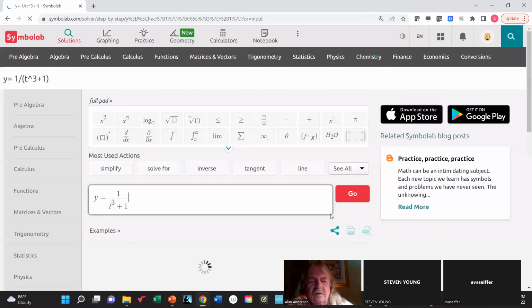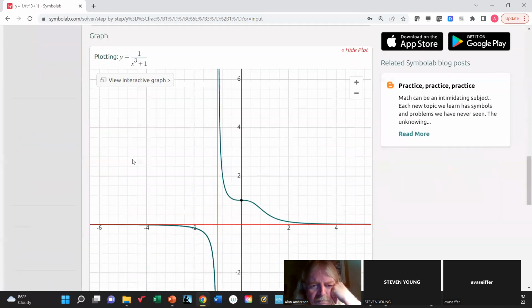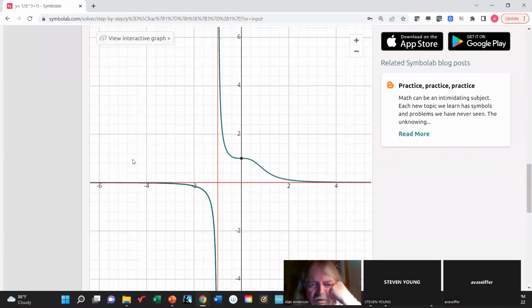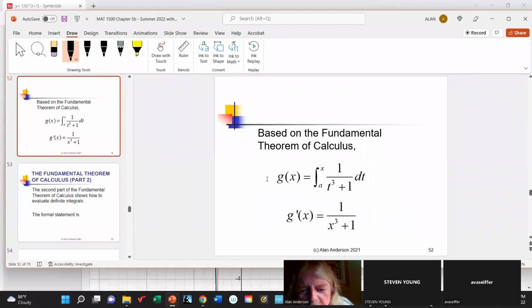All right, let's take a look at the graph. Ooh, now that's interesting. So we're trying to integrate it. Wow. That's going to be interesting.